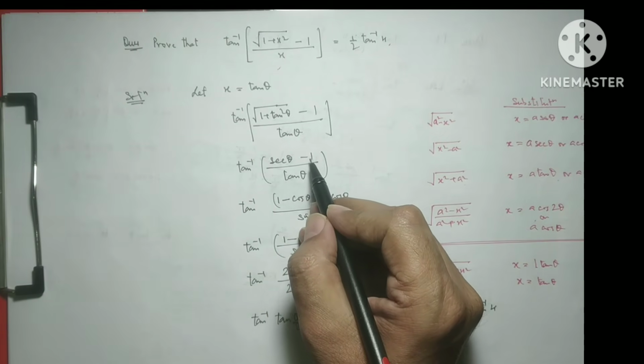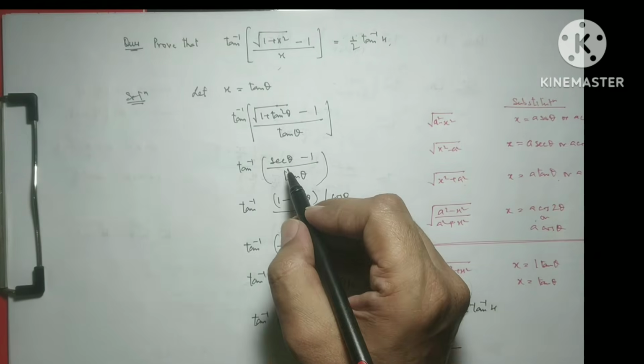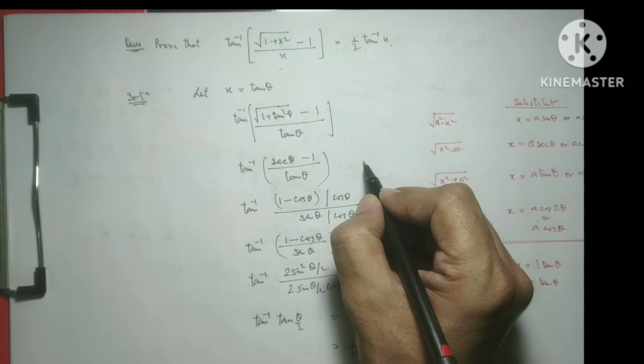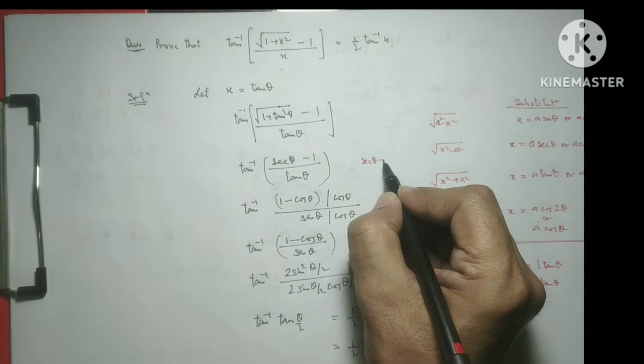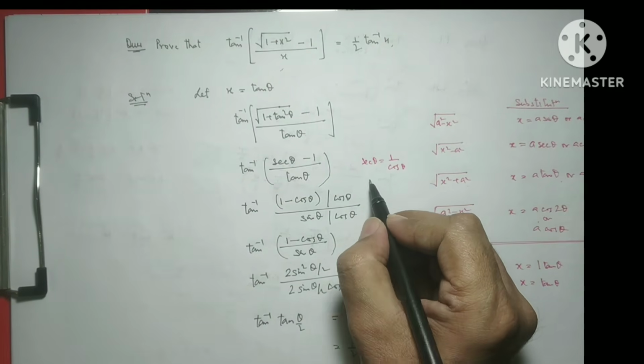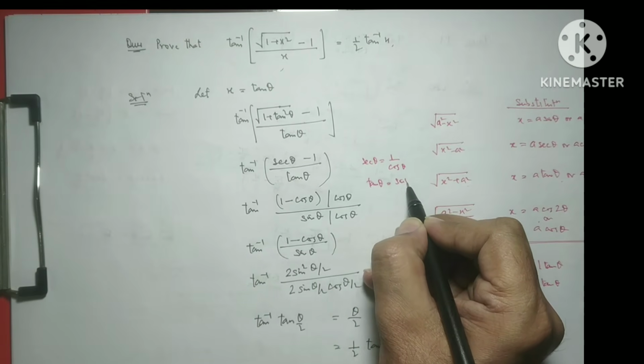So sec theta minus 1 over tan theta, and we can place sec theta as 1 over cos theta and tan theta is sin theta over cos theta.